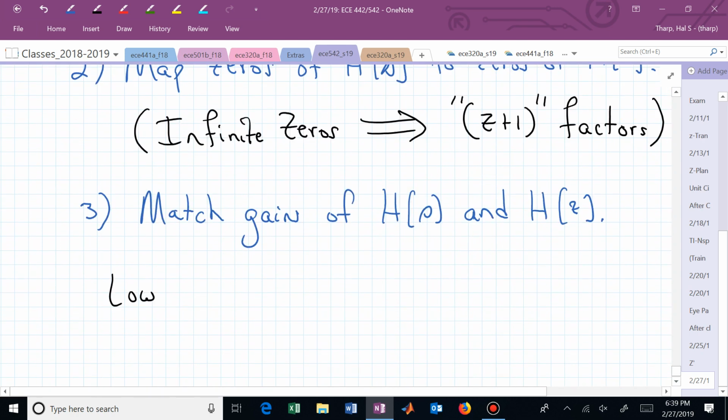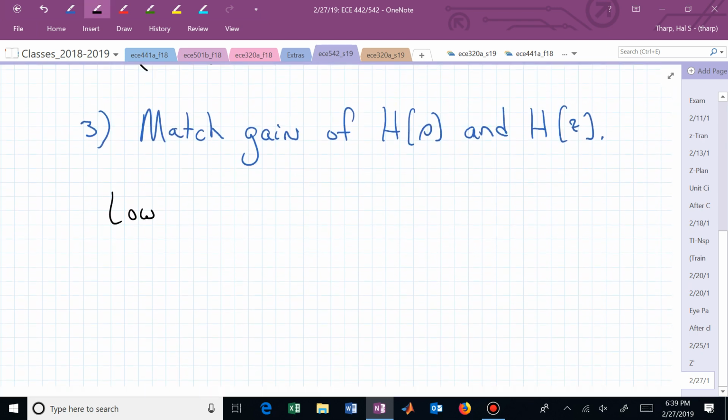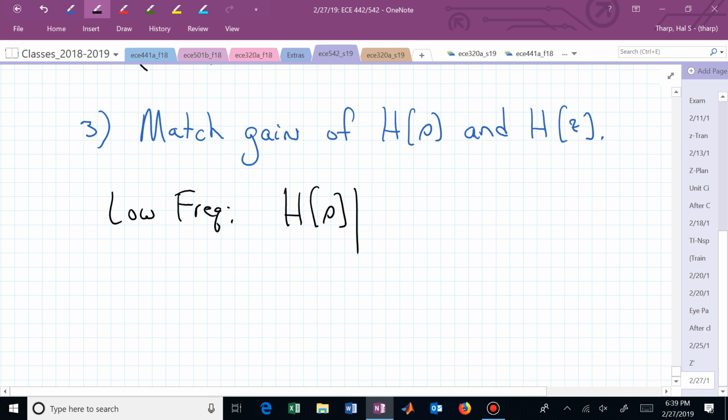Let's look at what it does for low frequencies. Suppose we now had H of S. Well, at low frequencies we would say DC, and then we would match that to H of Z when Z is equal to 1.